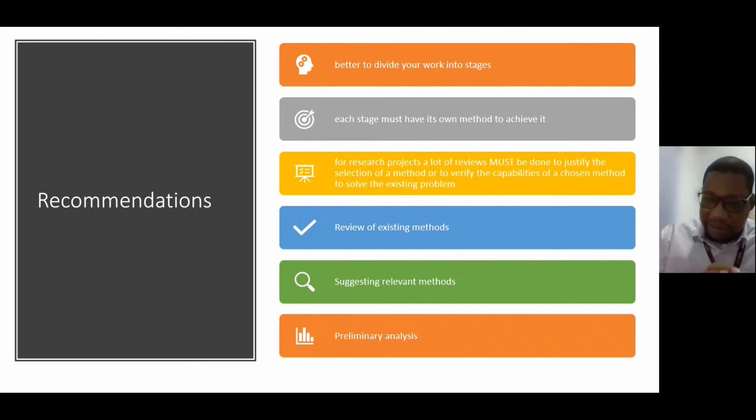You look first at methods which are related to what you want to do. Then you can see from existing literature whether it is possible to use those methods. After you have done a review of existing methods, then only you can suggest relevant methods. You don't just use a method because it is there.